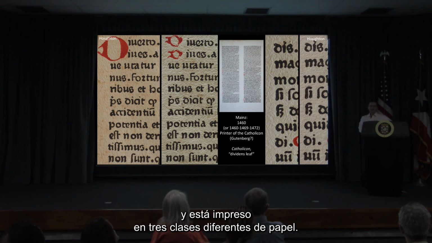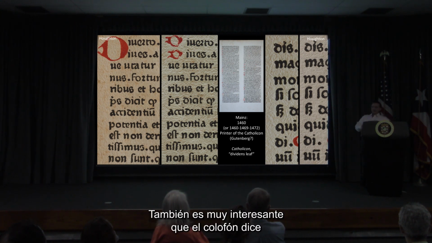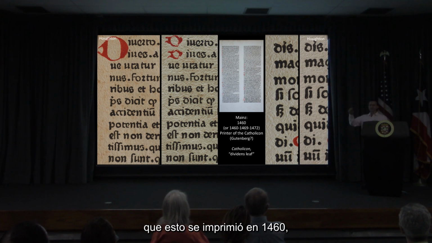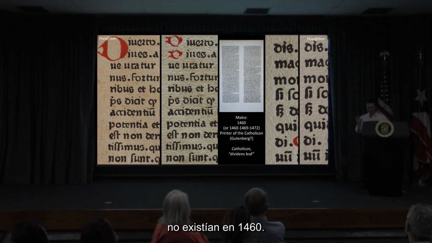And it is printed on 3 different stocks of paper. And what is also very interesting is that the colophon says this was printed in 1460, but 2 out of the 3 types of paper were not in existence in 1460.